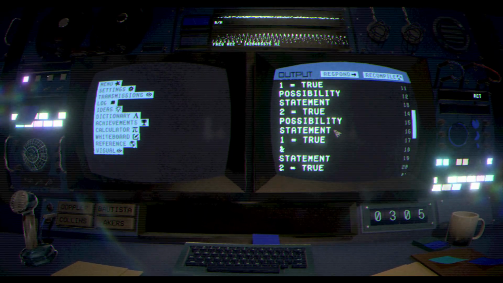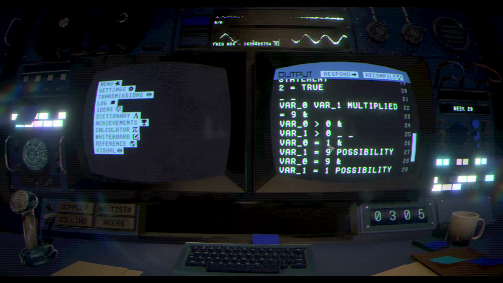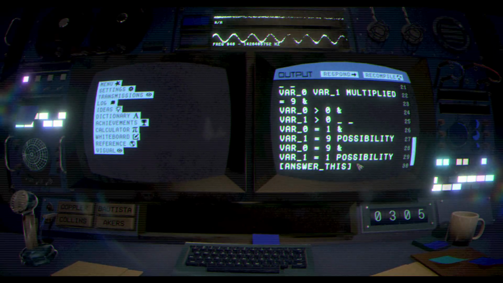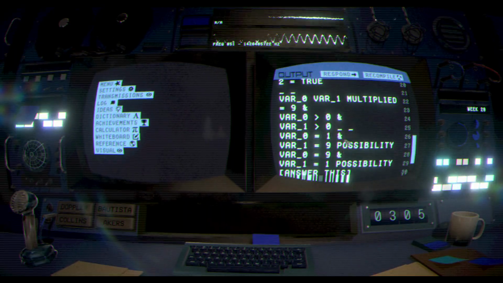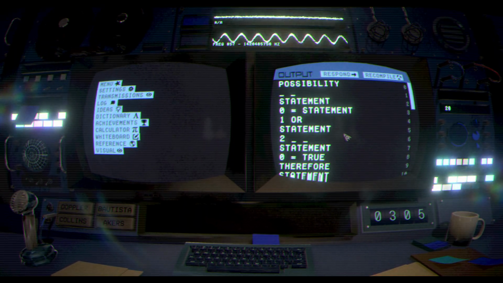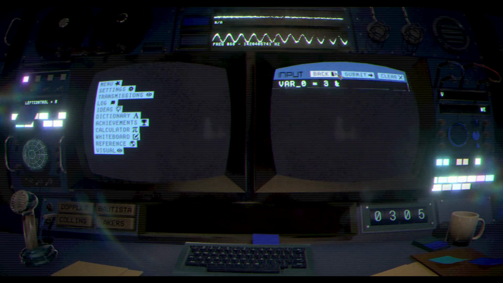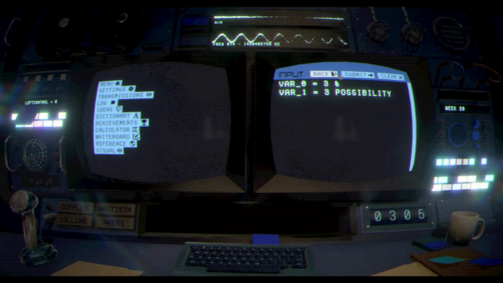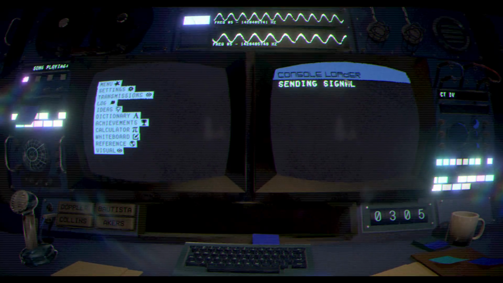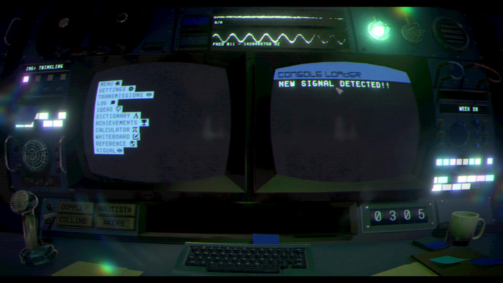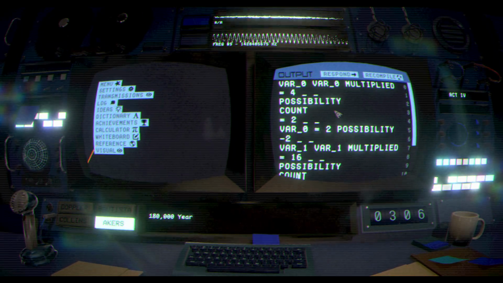Statement 1 equals true and statement 2 equals true. So it used possibility ahead, whereas this used possibility behind. So maybe we should actually be just sticking it on like this. Okay, don't understand the syntax of this that much, but okay.